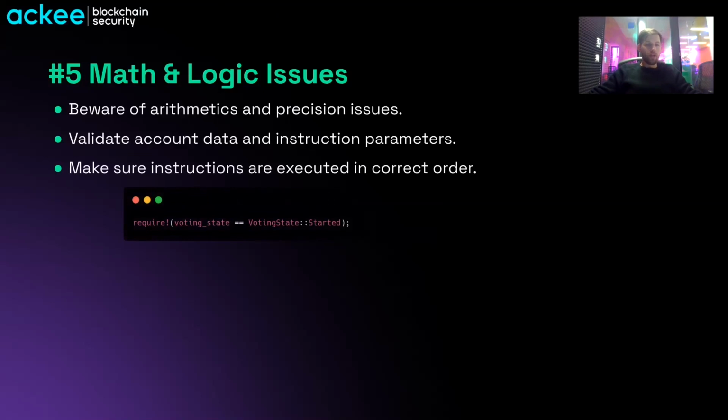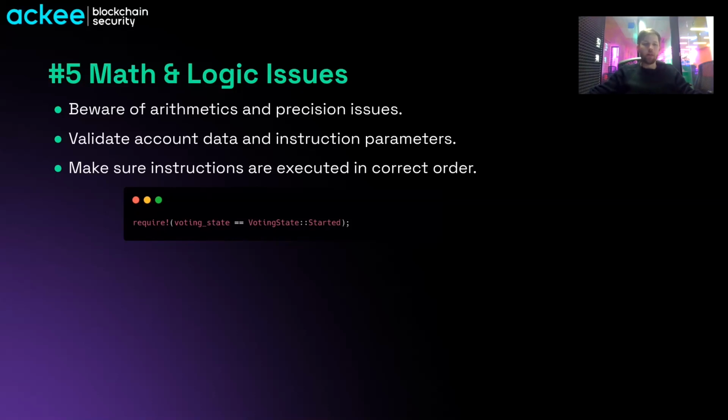The next point here is that you should make sure that the instructions are executed in correct order. Sometimes it might be quite logical that, for example, in the case of a voting program, you would like to wait for the voting before the voting actually starts.